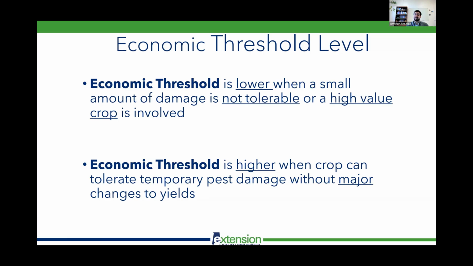So if we're dealing with a marketable crop, for example, tomatoes, if there's damage to the tomatoes, that's going to decrease its marketability, whereas that might not quite be the case for a crop like cotton or corn to that same degree. And so those are things that are going to affect the threshold level. And these economic thresholds are set for all sorts of different pests for all different crops as well.